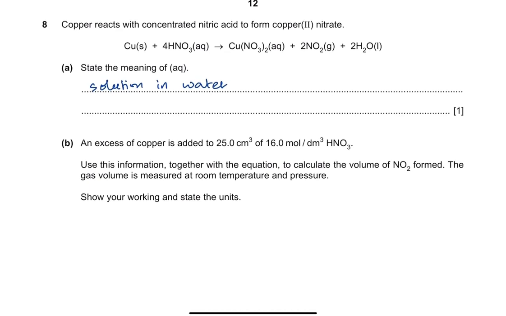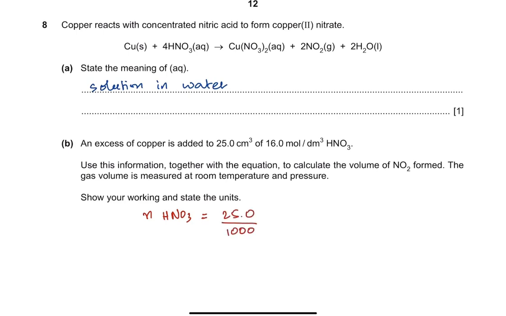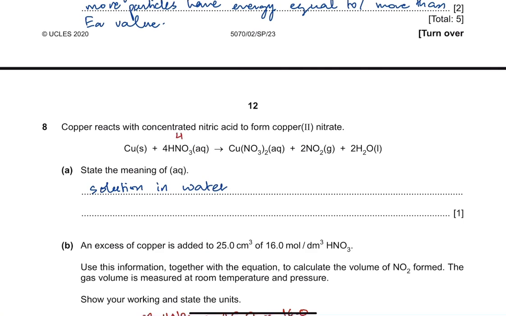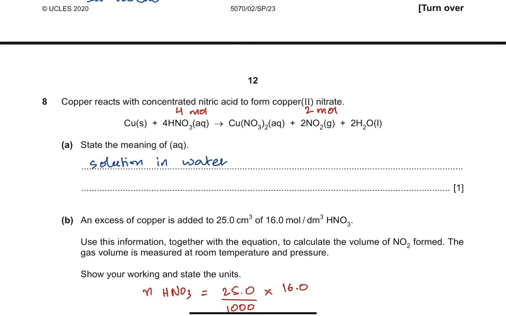So let's see. How many moles of nitric acid do we have? So we have 25.0 over 1000 times 16.0. The moles of nitric acid is going to be 0.400 mole. Now we can see that 4 mole of nitric acid give me 2 mole of nitrogen dioxide gas.